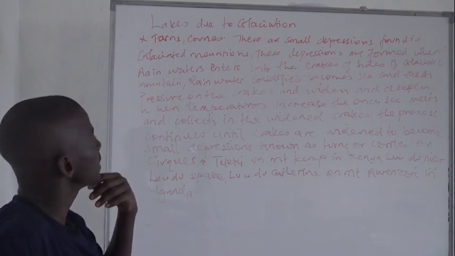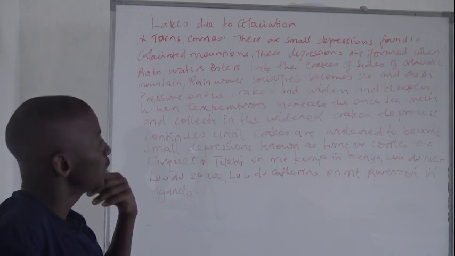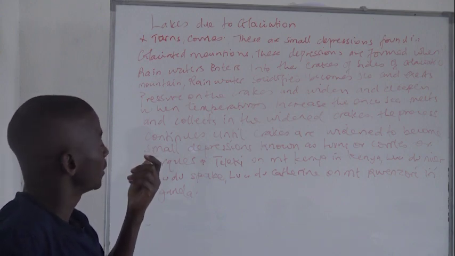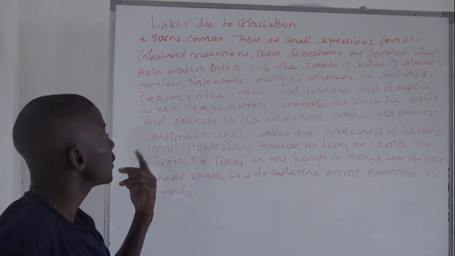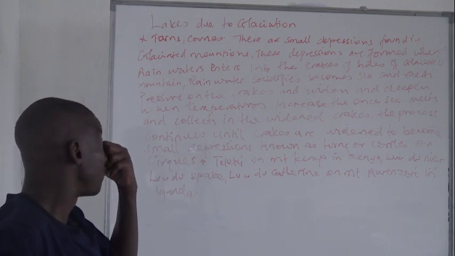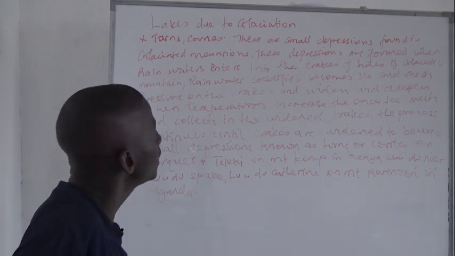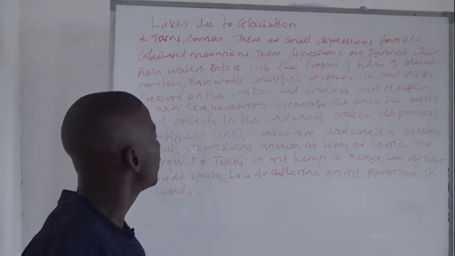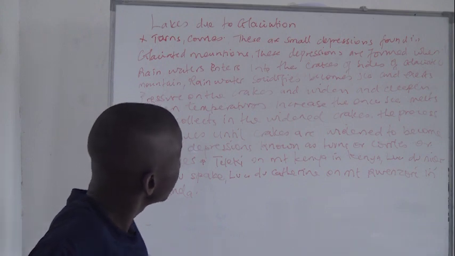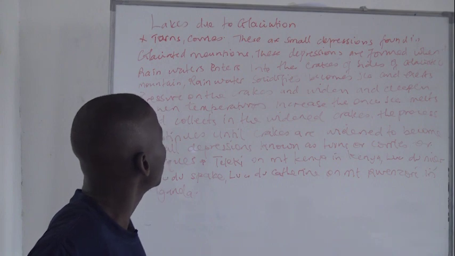Now, after rainwater has entered into these cracks, during the night the temperatures fall below freezing point, and the once water solidifies to become ice. Now, the ice that is created exerts a lot of pressure. We are told that it exerts more than 10% pressure onto the cracks that were created.